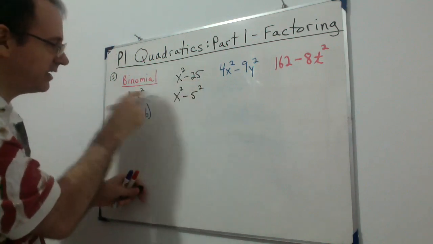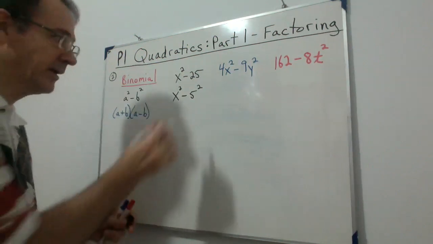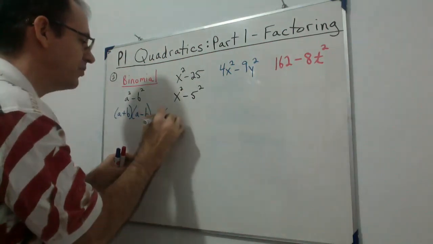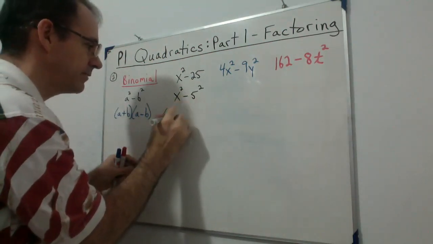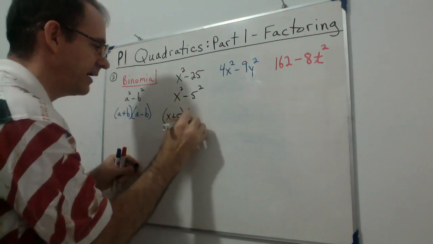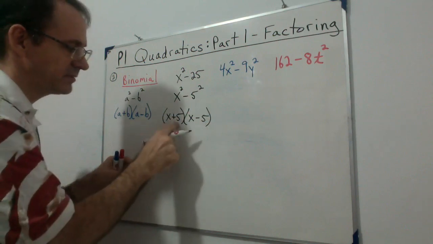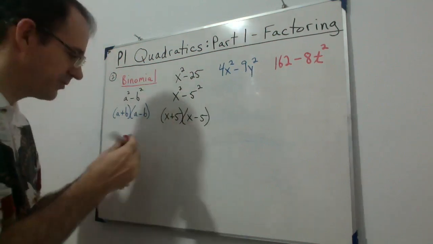So now you see it's a difference of squares. Now all you have to do is follow the pattern. You don't need the squares, you just need the a and b. So you have a, which is our x term, plus b, which is the 5, and a minus b. Okay, so x plus 5, x minus 5, that's our difference of squares.